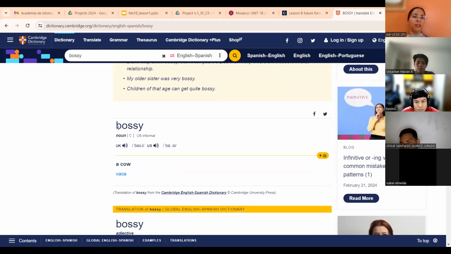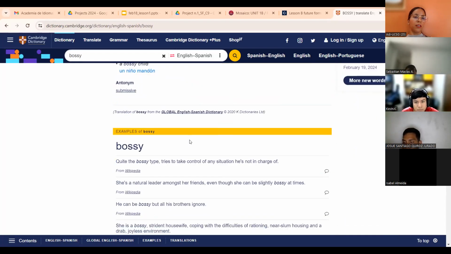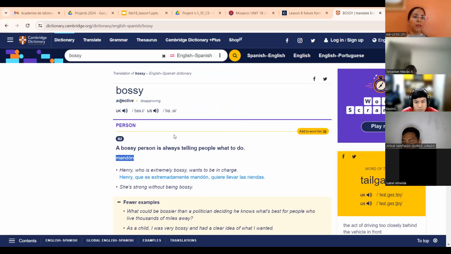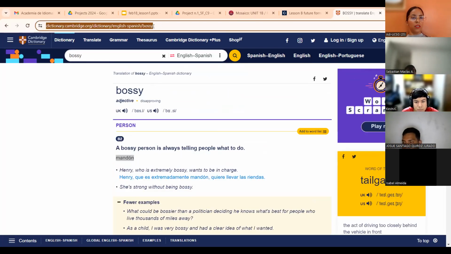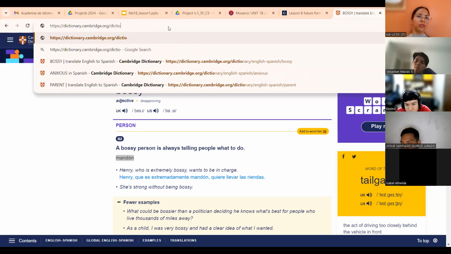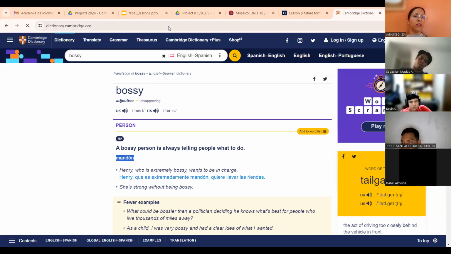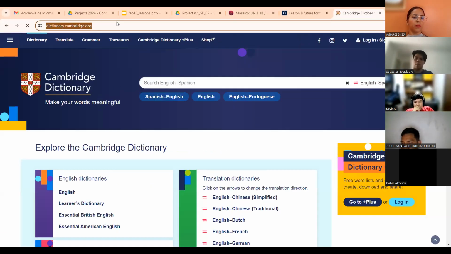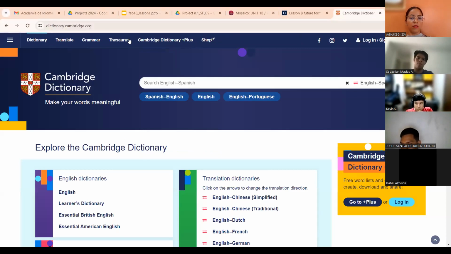There are words that also have a different function. For example, bossy, it's not only an adjective, it's also a noun, for example. Can you see? Okay, and so on. So let me copy and paste this dictionary so that you can actually use it.